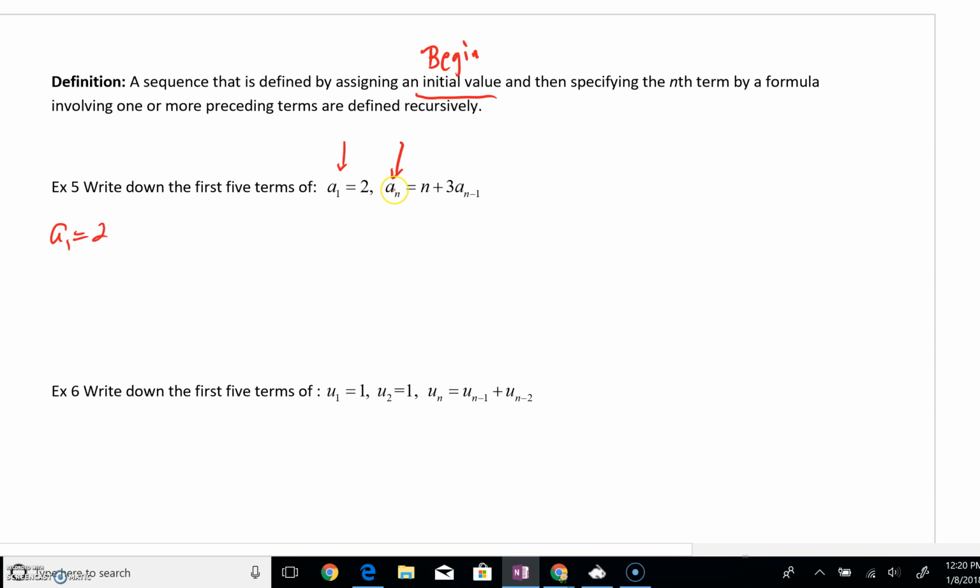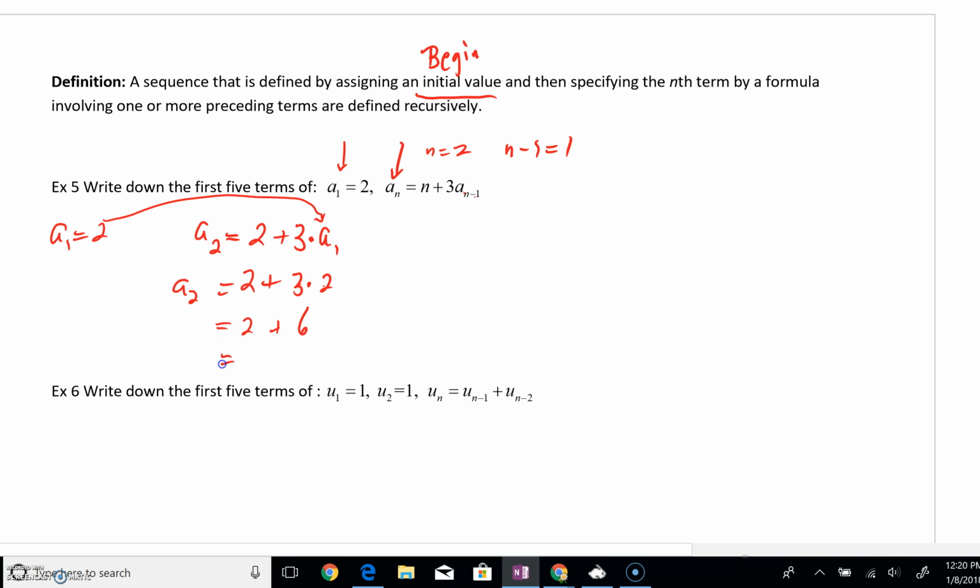I'm going to let n be 2, so a sub 2 should equal n, which is 2, plus 3 times a sub, now n minus 1 here would just be a sub 1. So the term that I just found, I'm going to use in my calculation of a sub 2. 3 times 2 is 6, and 6 plus 2 is 8. So I've got a sub 2 is equal to 8.